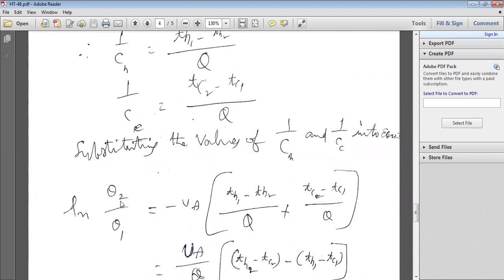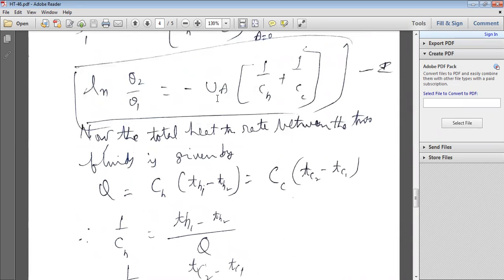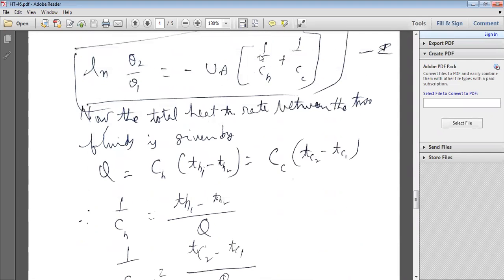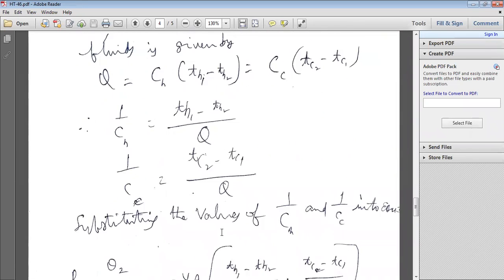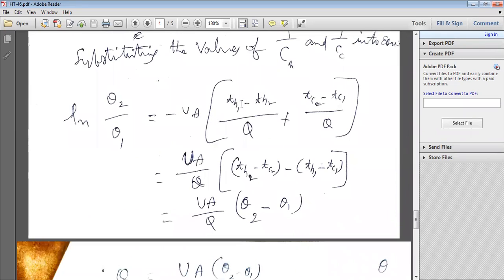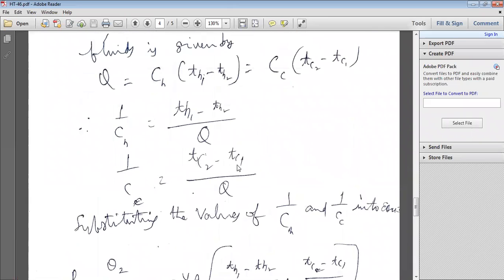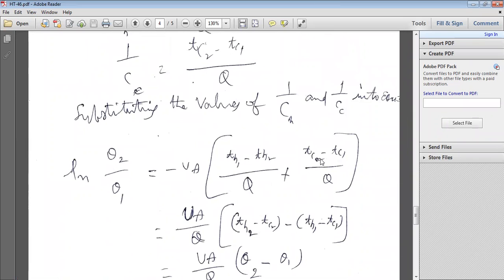Therefore, ln theta 2 by theta 1 is equal to minus UA into, what is the 1 by CH value? TH1 minus TH2 divided by Q. That's why minus UA into TH1 minus TH2 divided by Q, plus then the 1 by CC value, TC2 minus TC1 by Q.